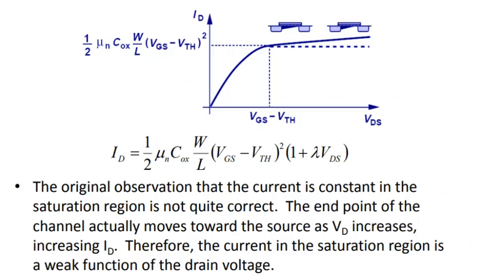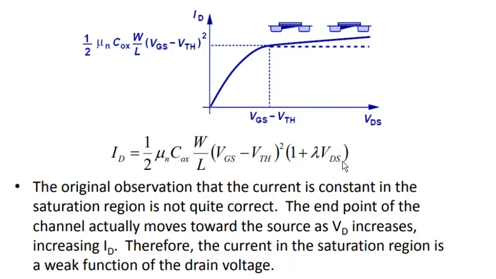So we can see in the graph, this is half mu n COX W by L, VGS minus VTH whole square, the saturation current. For a short channel MOSFET, in that saturation current we have a factor of 1 plus lambda VDS.